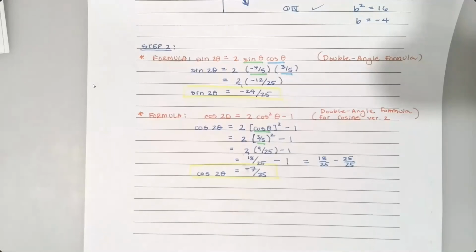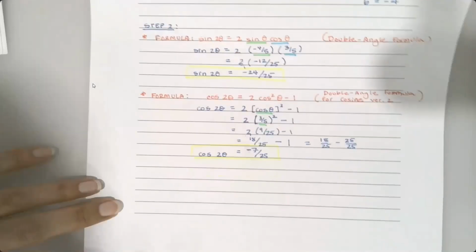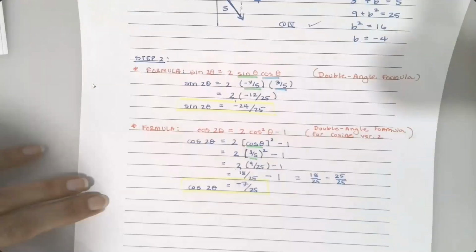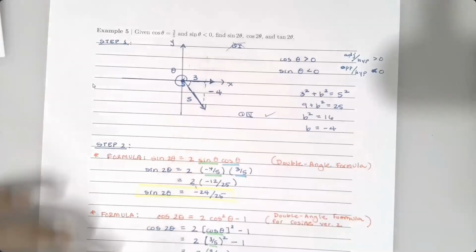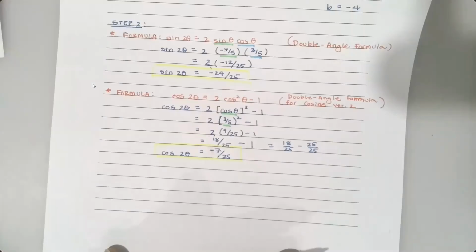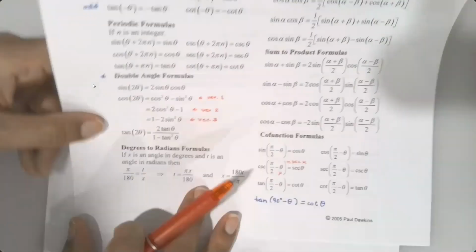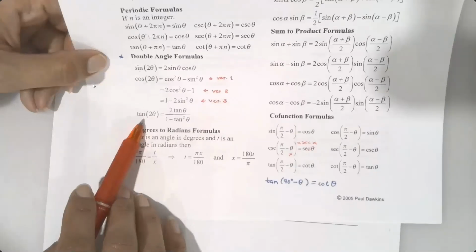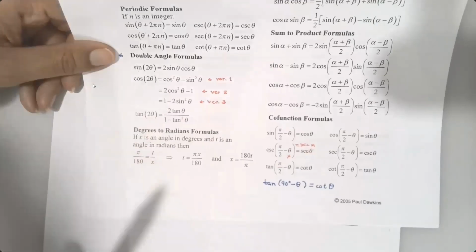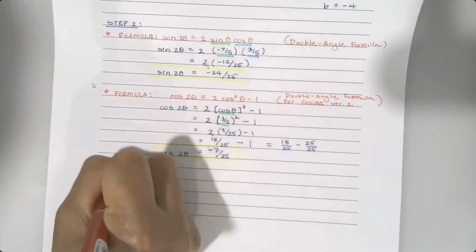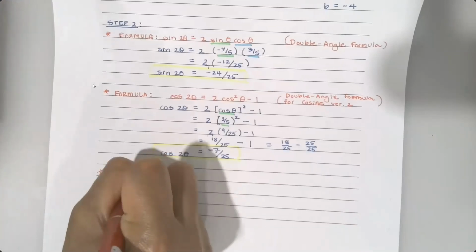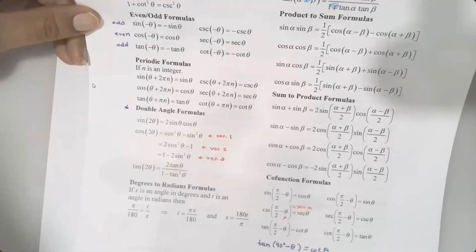Okay. Now for this third part, we still need to find tangent of 2 theta. There's a couple ways that you can approach it. One of them is to use the double angle formula for tan, but there's an even shorter way using a different formula. Can you guys see which formula would make our work a lot easier to find tangent of 2 theta?